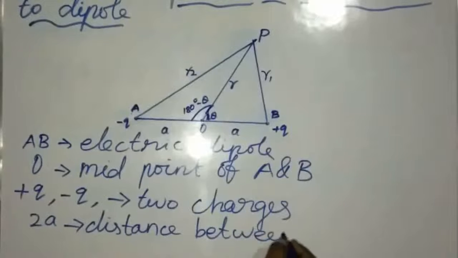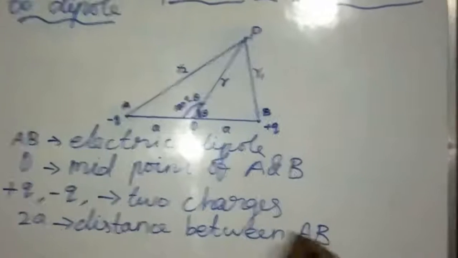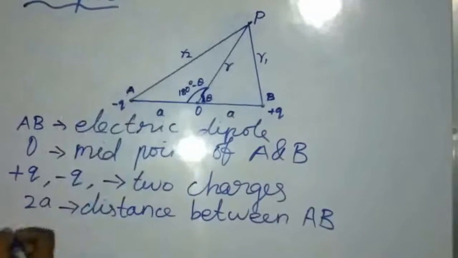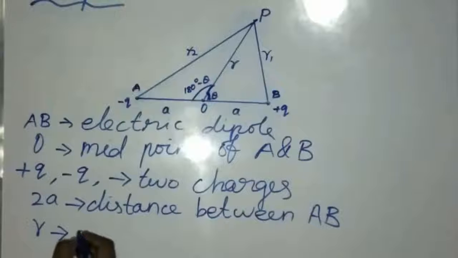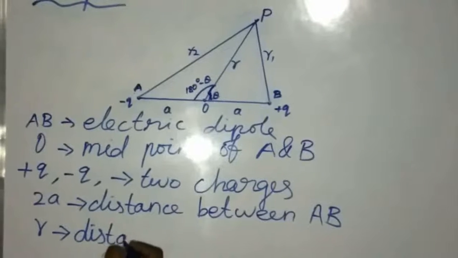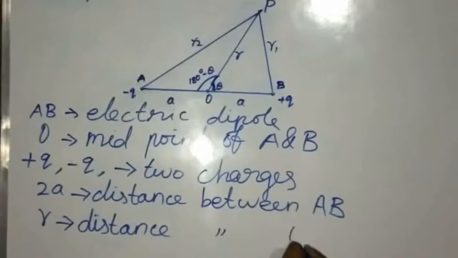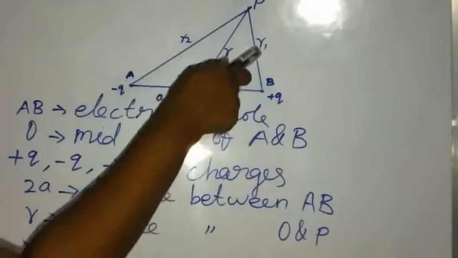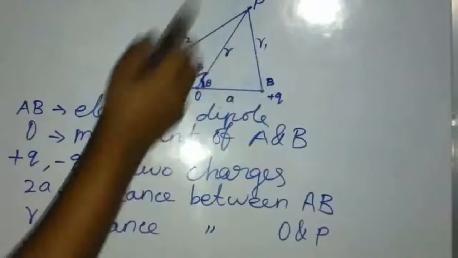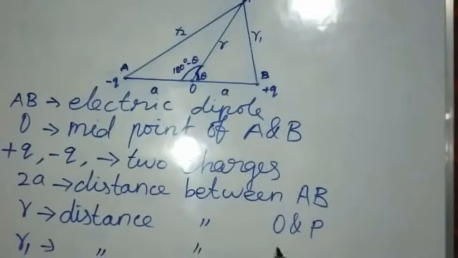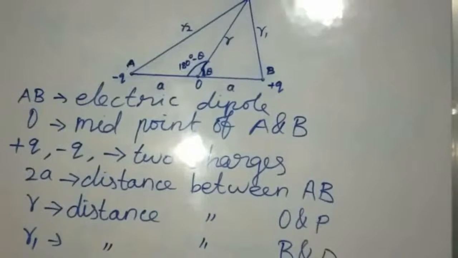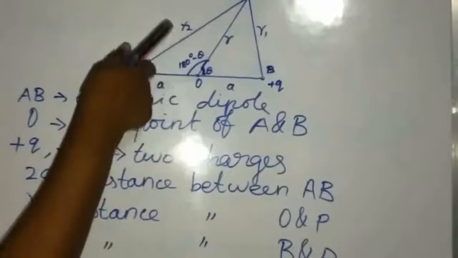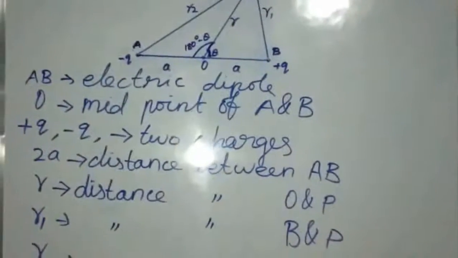Here R is the distance between O and P. R1 is the distance between B and P. R2 is the distance between A and P.